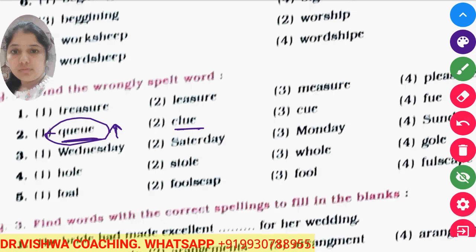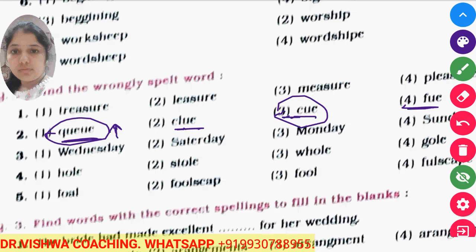CLUE, clue means, or we can say, give me the clue, then I will crack the sum. So clue is again a meaningful word. QUEUE is also a meaningful word, but FUE, few, has no meaning.